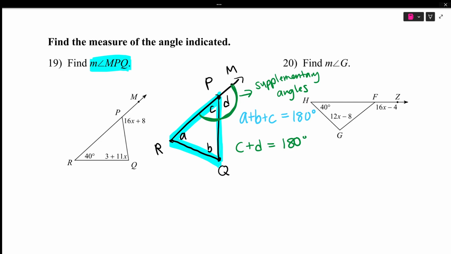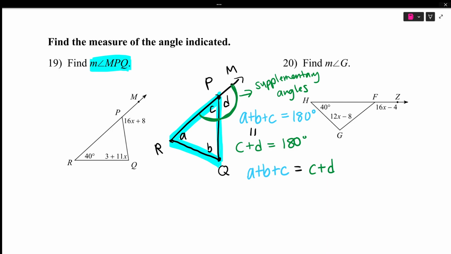So the idea is, if these two equations are both equal to 180, can they be equal to each other? The answer is yes, they should be equal to each other, right? If I'm 6'2" and you're 6'2", we're both 6'2". That makes sense?